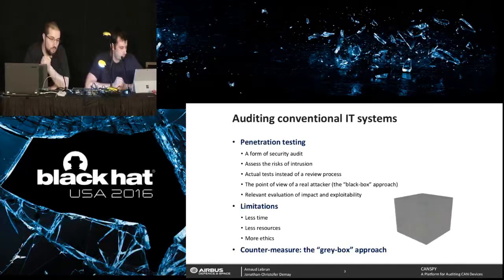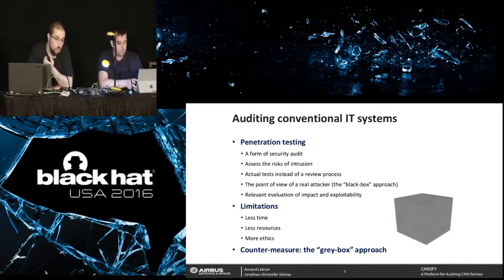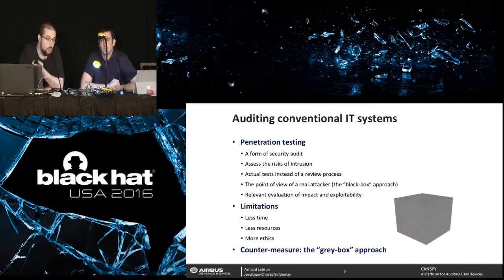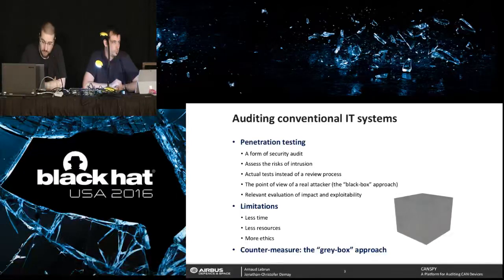That means that when you find a vulnerability and exploit it, you know what the actual impact of exploitation is, how hard it is to exploit, and what level of attacker is needed to find and exploit it. It's called exploitability. And this is really the main advantage of using this approach.